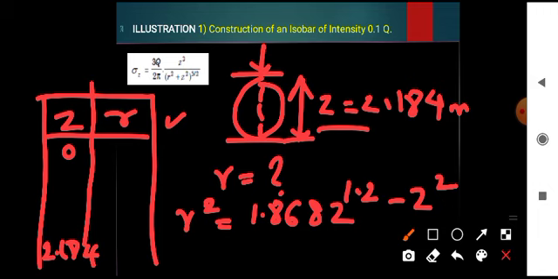Within this 0 to 2.184 range we will select different values: after 0, 0.5, then 1 meter, 1.5, and 2 also. We will see what the different values of r are.